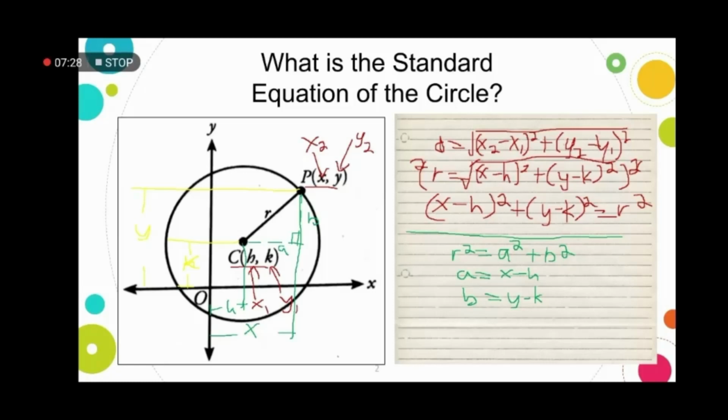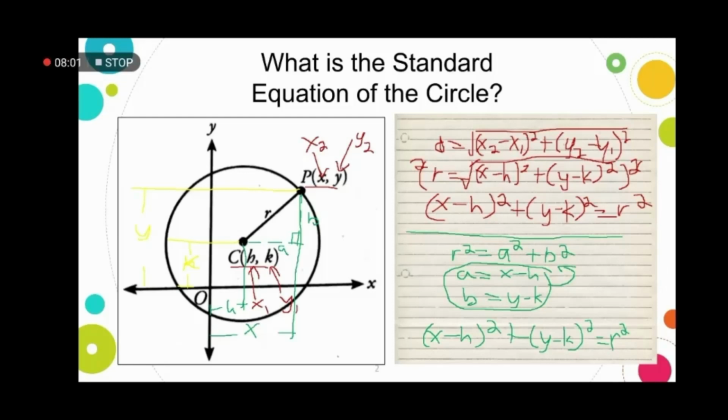Substituting this into the first equation, we have (x minus h) squared for a, plus (y minus k) squared for b, equal to r squared.